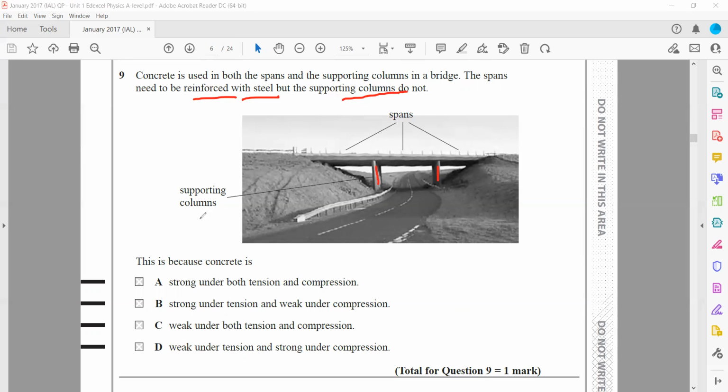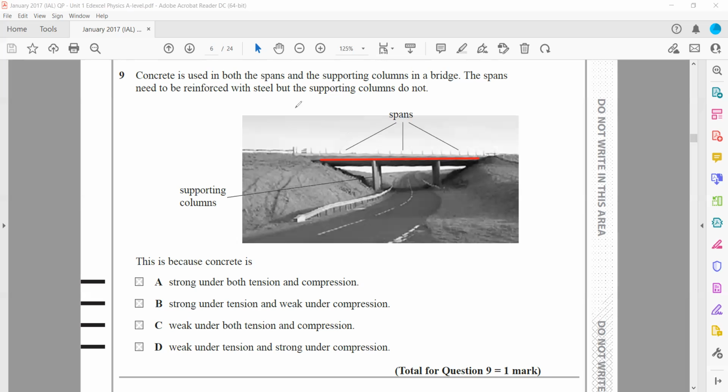So what is the reason for that? This is because concrete is like here, in these support columns, we need a steel. But here, sorry, in the span, we need a steel. According to the question, in the span, we need a steel, but in a support column, we don't need a steel.